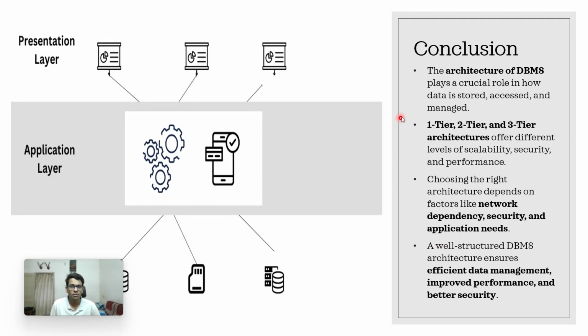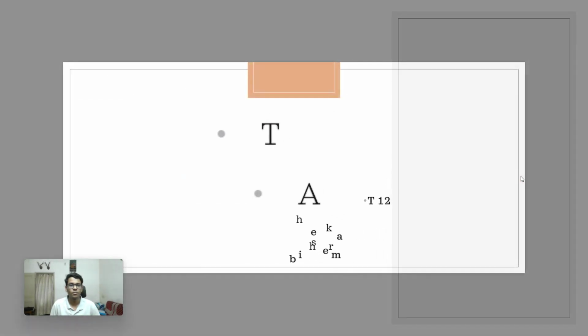So in this video, we have covered the three tiers of the architecture: the one-tier architecture, two-tier architecture, and the three-tier architecture, which offer different levels of scalability, security, and performance, each having their own use and purposes. Thank you.